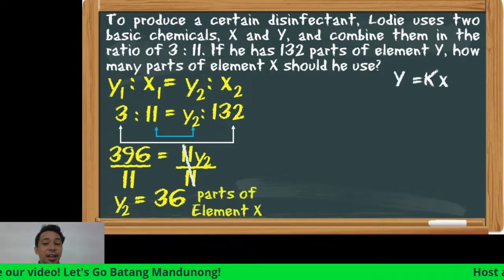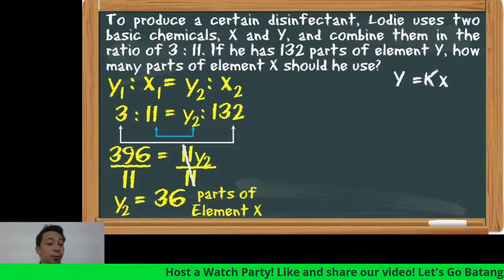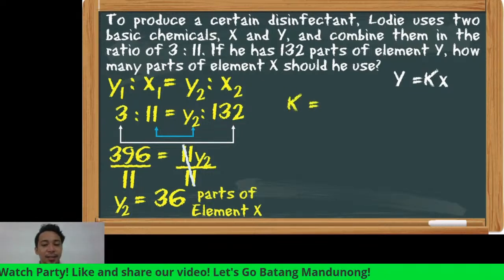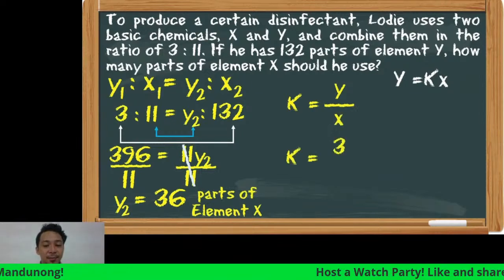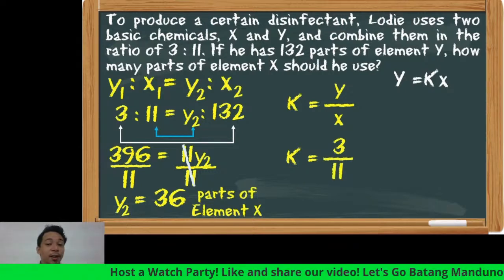Using the other equation, which is y equals kx, first we need to solve for k, or the constant of proportionality. So that is y over x. So you'll have now y, which is 3, over 11. So our k now is 3 over 11.